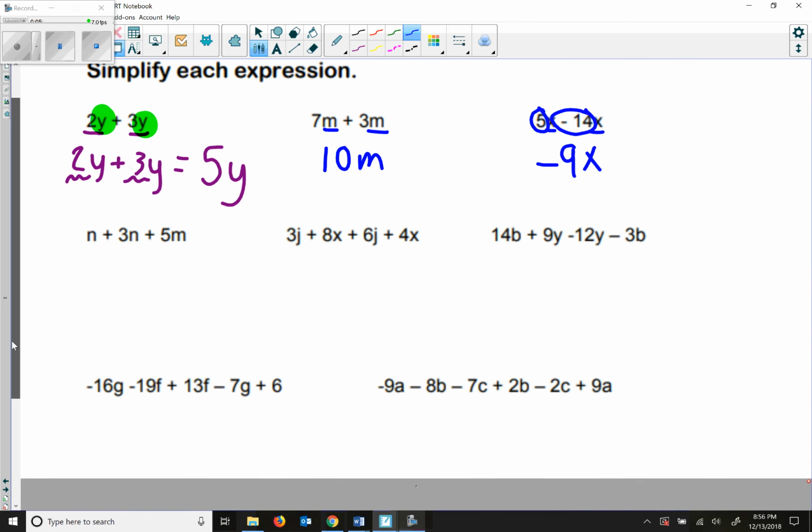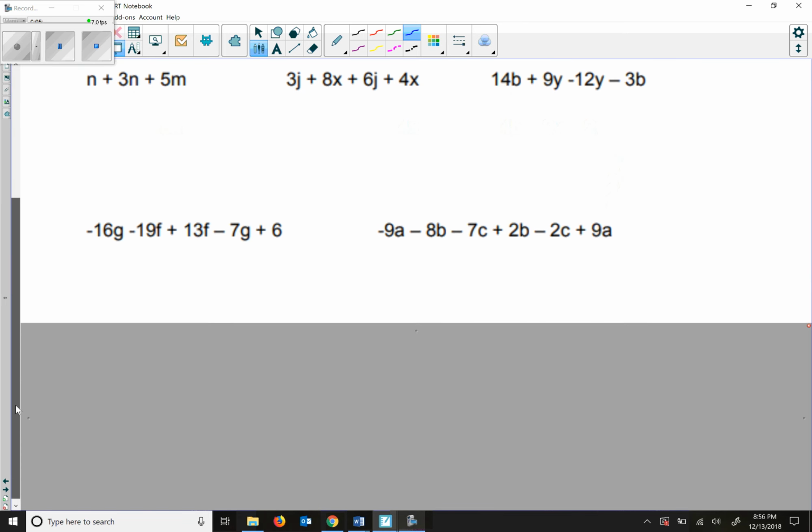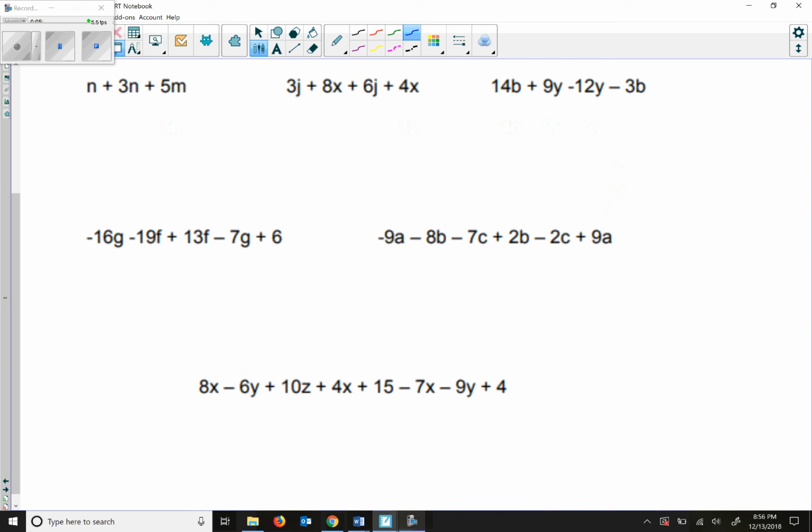Okay, let's keep looking here. Looks like we've got a few examples, and a pretty big one down at the bottom. If we take a look at this example in the upper left-hand corner, n plus 3n plus 5m, the first thing we have to do is identify what our like terms are. I see an n.